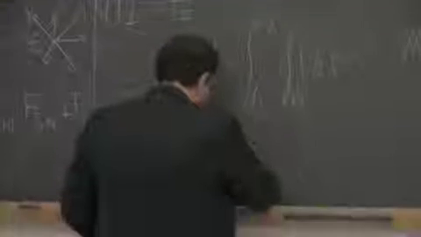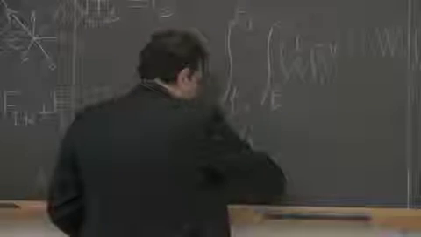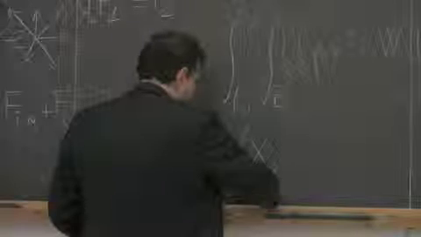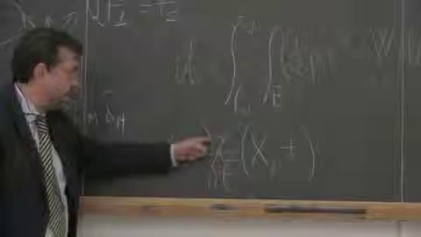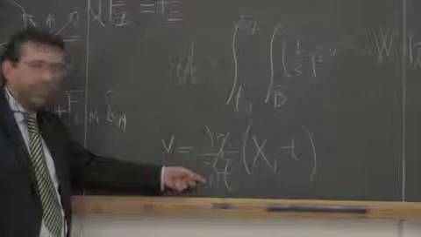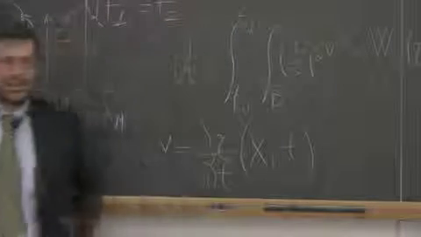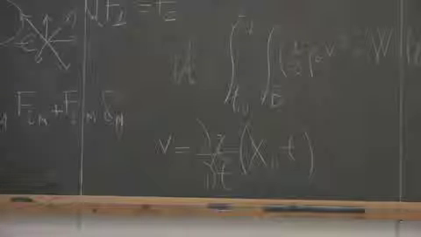V we have already introduced, but I recall to you that V is d chi over dt with X fixed. So this is the partial derivative of chi with respect to time, capital X being fixed.